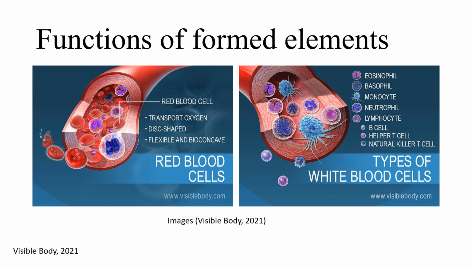This picture is just showing you what they look like. The red blood cells are disc-shaped, flexible, and biconcave, which means they've got a little dip in the middle. The picture on the right, again, is showing you the types of white blood cells, and we'll get to that in a minute when we get to the composition of blood.